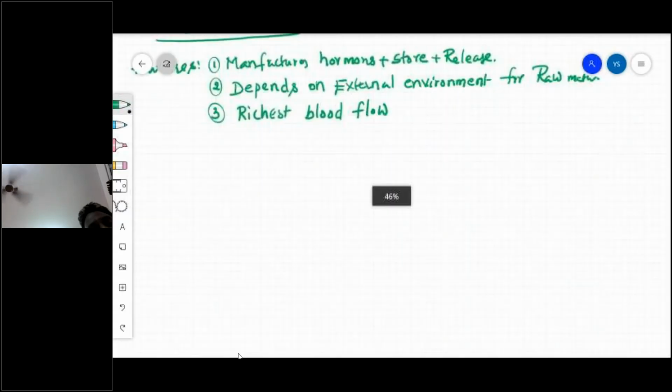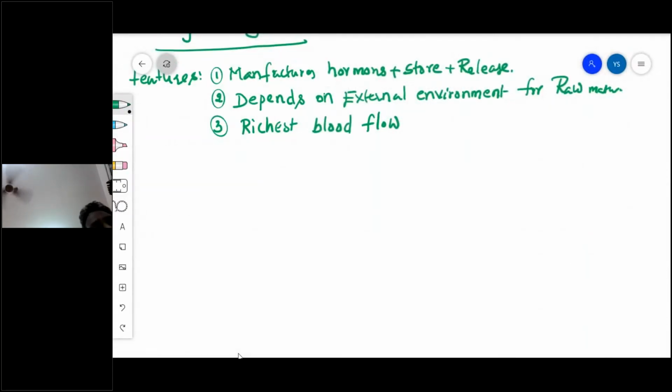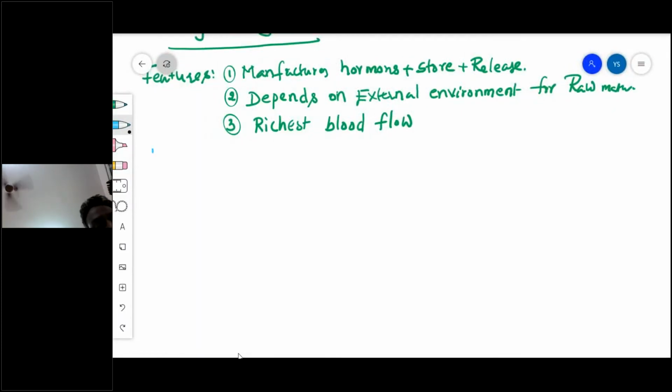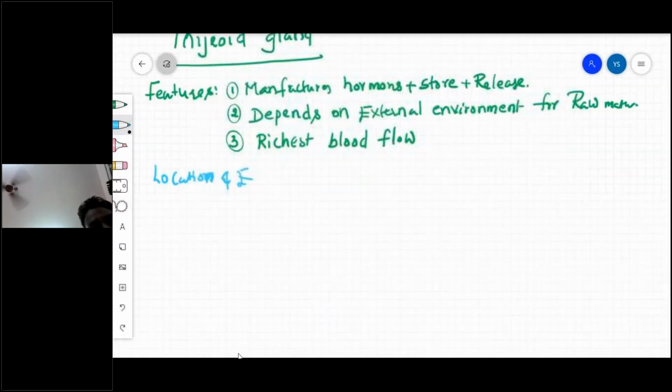Now we come to the location and extent of the thyroid gland. So where it is located, can you guess?